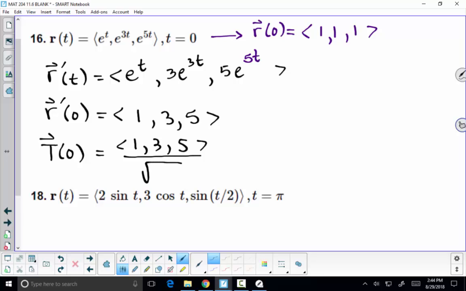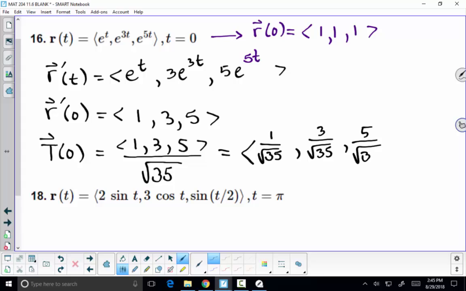So that's 25 plus 10, so 35. Our unit tangent vector at this location would look like this. That would be the unit tangent.